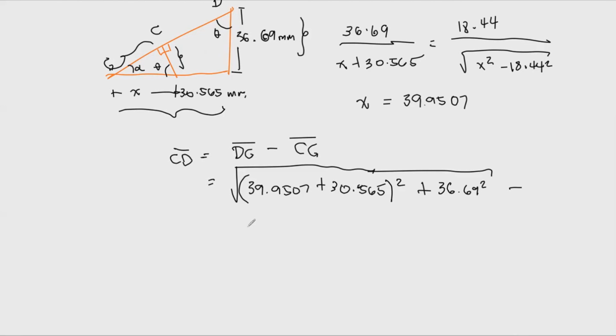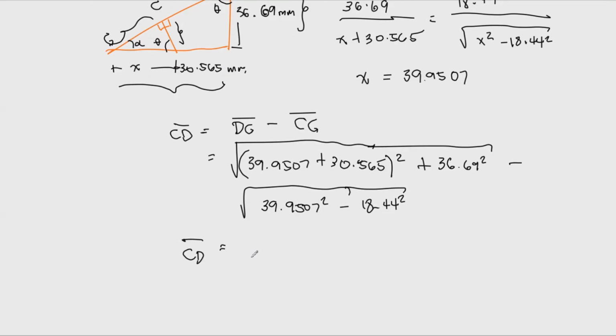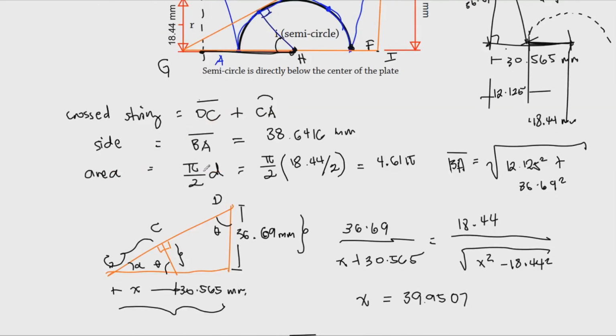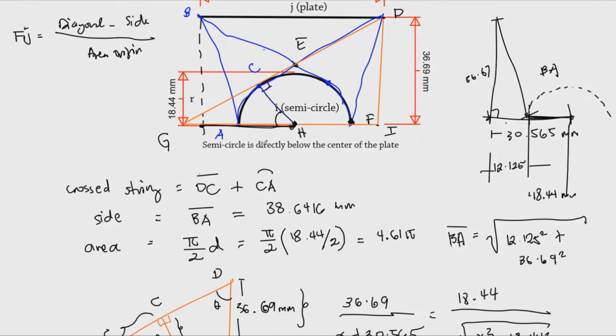So in this case, we have the square root of 39.9507 squared, and then we subtract 18.44 from that, then squared. So we get now the value of CD. So the value of CD is equal to 44.0493.